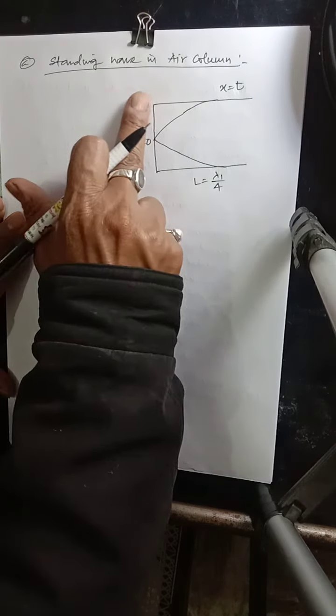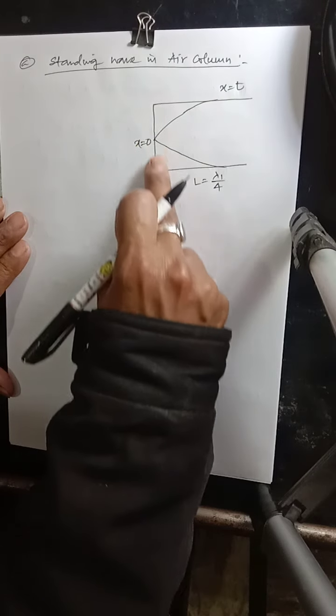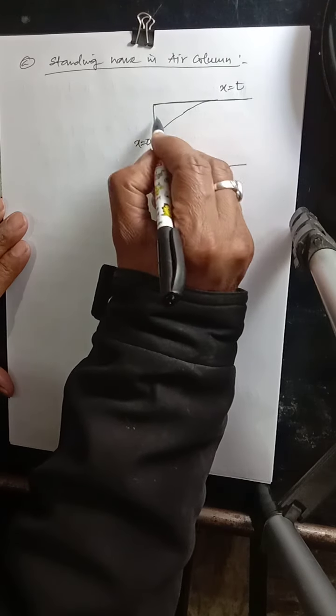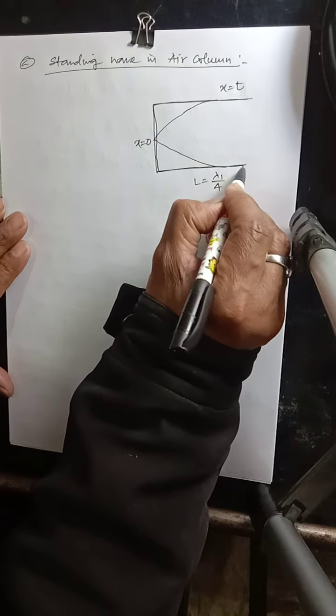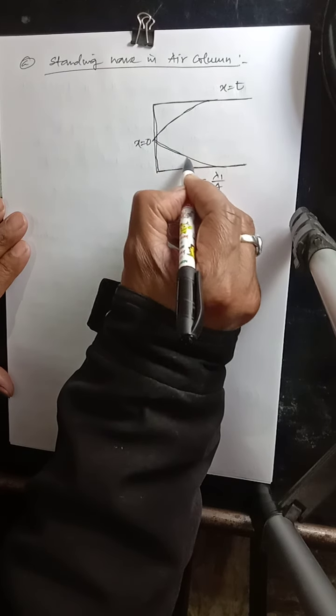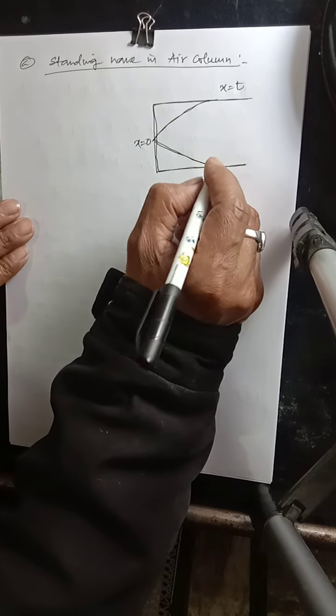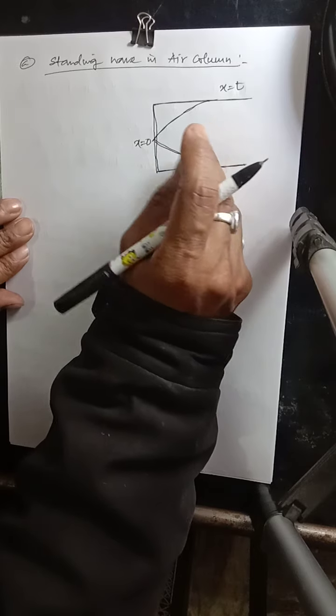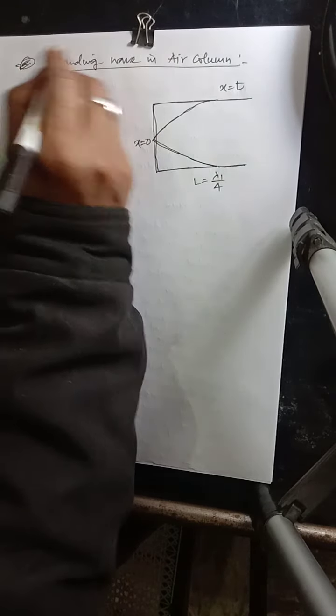This is the standing waves in the air column. This is the air column and this is the waves. We are talking about this, the air column.